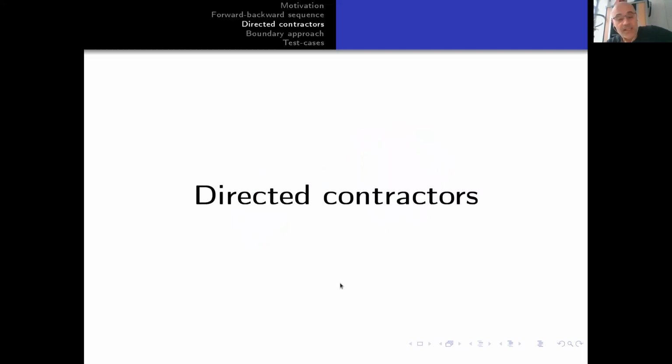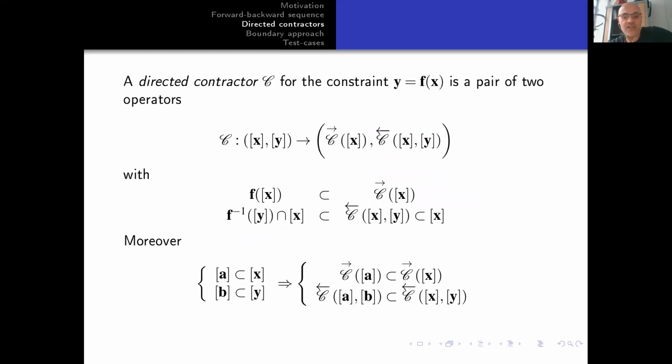So now I will explain why I want to consider boxes only, even if I deal with sequences. I will introduce now the notion of directed contractors. So what is a directed contractor? I give first the definition. I have a constraint or a function f, or a constraint which has this form, y equals f of x.